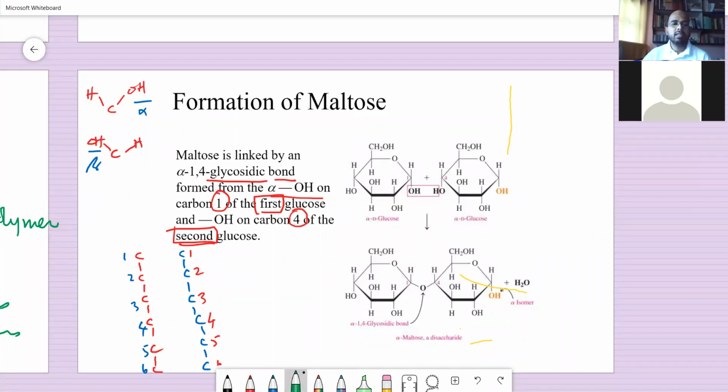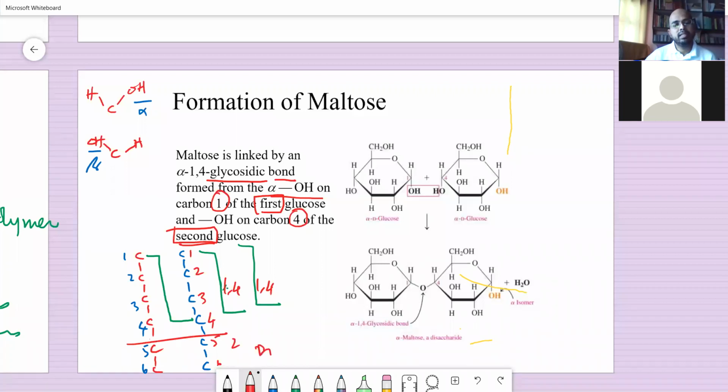It is formed by linking the first carbon atom of the first glucose and carbon 4 of the second. Then we keep linking, 1,4, 1,4, 1,4. So if you have only 2 units, you call it a disaccharide. If it goes on like this, 1,4, 1,4, then it is called a polysaccharide.